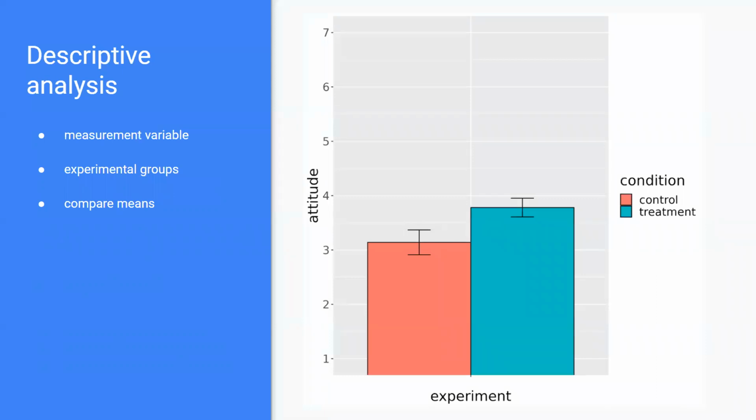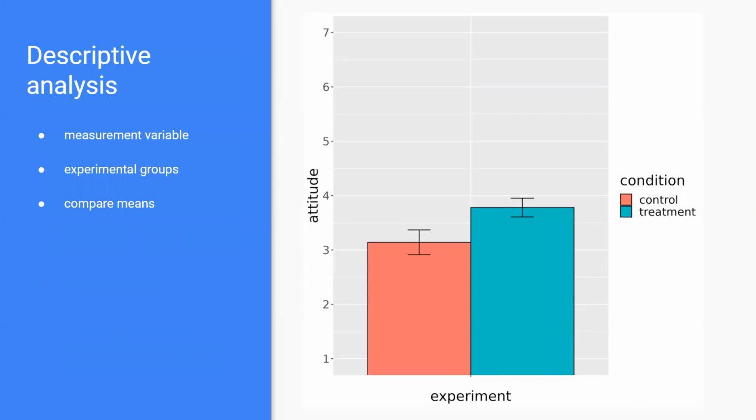And when we analyze survey data and also experiment data, we always start with descriptive analyses. So for example, let's say that we want to measure attitudes in two different conditions.